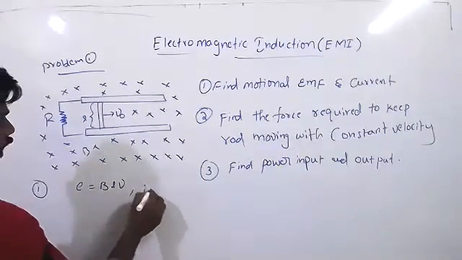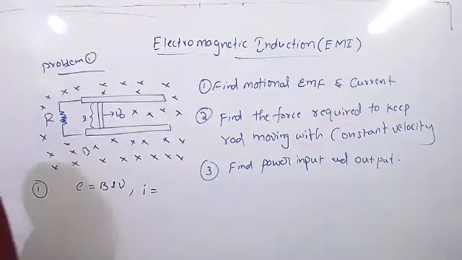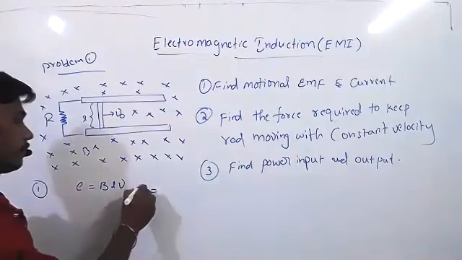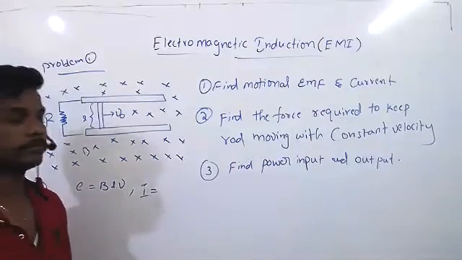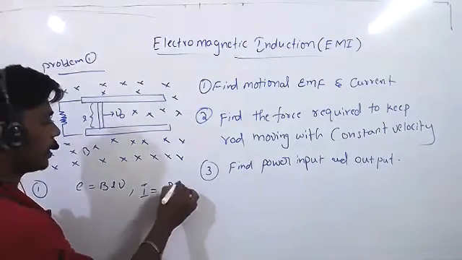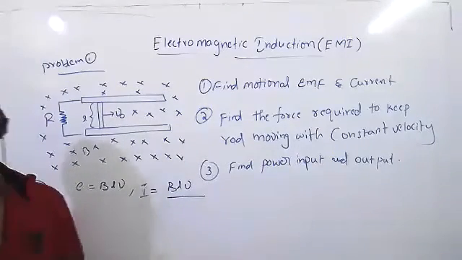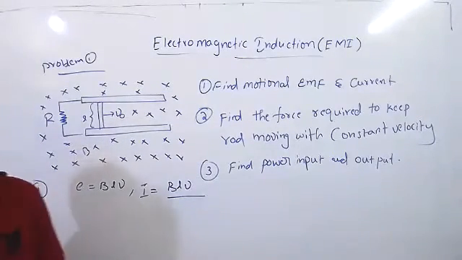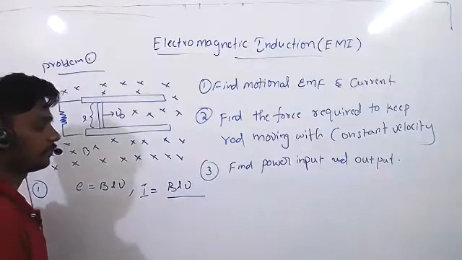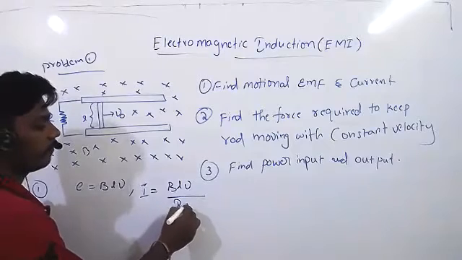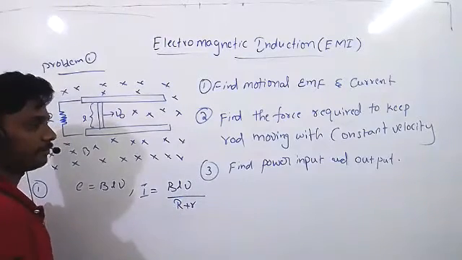Current how much? Anybody tell me the current formula. What is the current here? BLV by R. Which R? Capital R. What about small r?